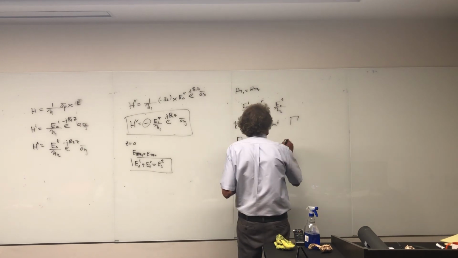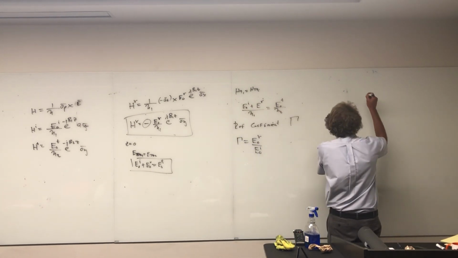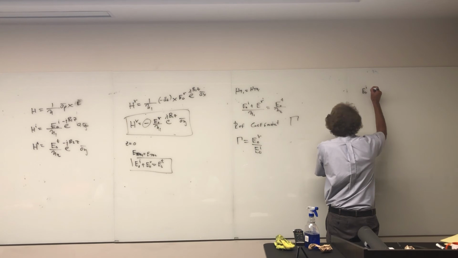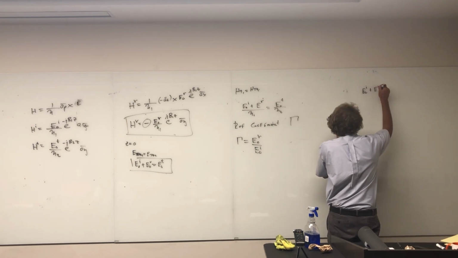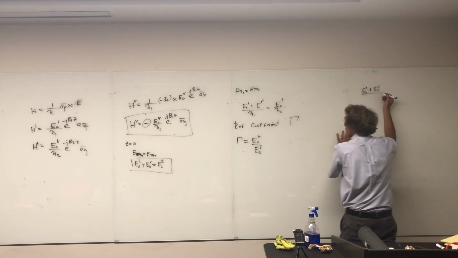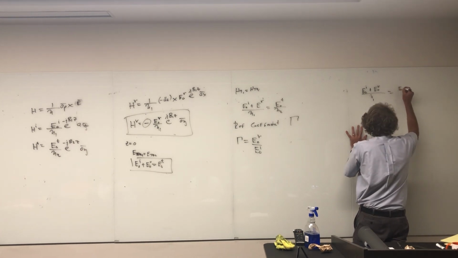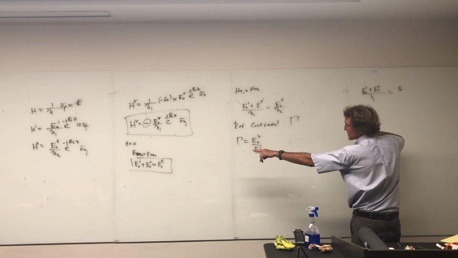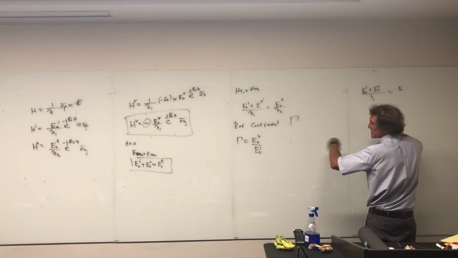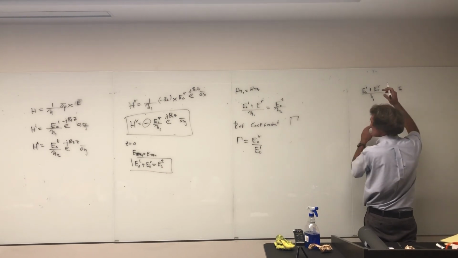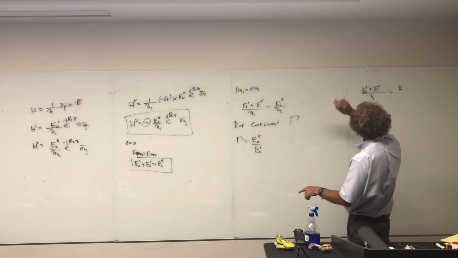And when you do, you're going to get E naught incident plus E naught reflected over eta 1 equals E naught. Now I do that one right there. E naught incident plus E naught reflected.